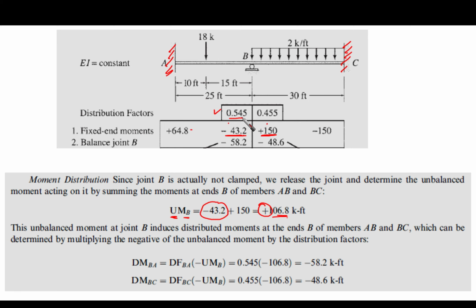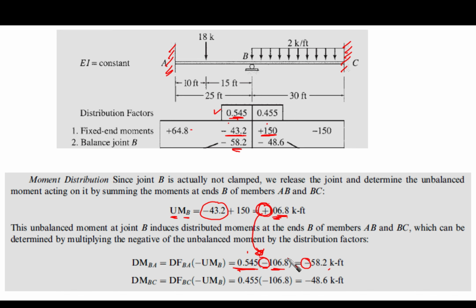So we have 0.54 here times 106.8. So 0.54 distribution factor times minus 106.8 gives us minus 58.2. Take care of the sign. Here we put it minus, because whenever we are making the balance, we should always take the opposite sign.